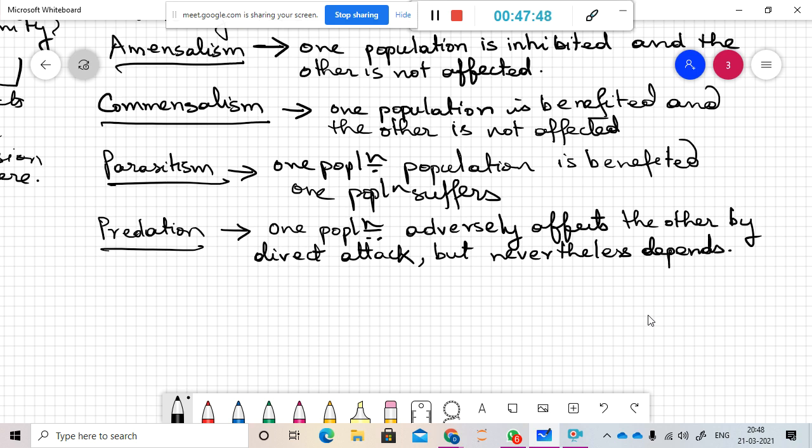This is surprising. For example, deer and lion. The lion attacks and kills the deer and eats them. But funnily, even the deer is dependent on the lion, because if the number of deer increased a lot, and there were no tigers or predators, then there would be no grass left.